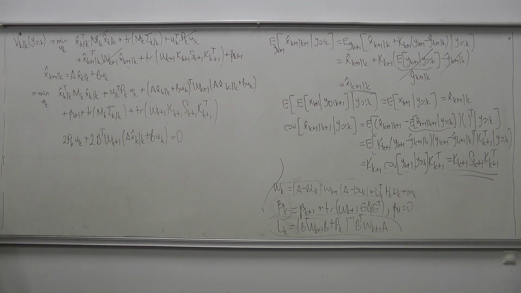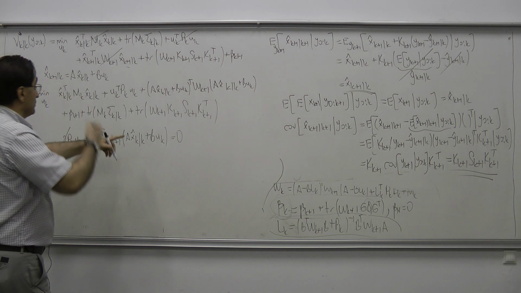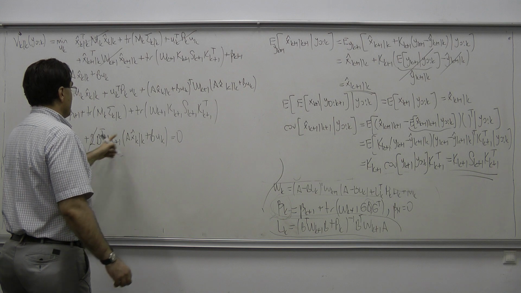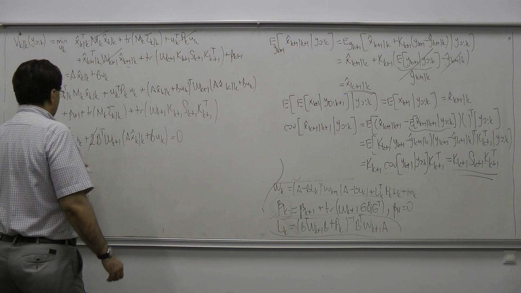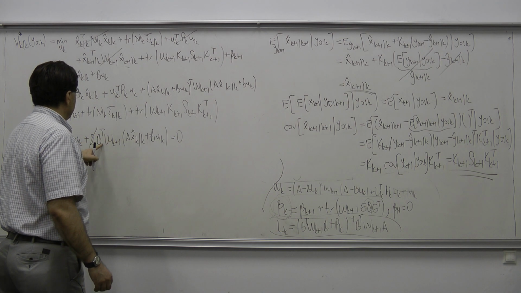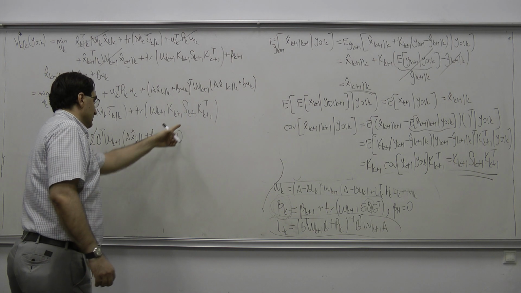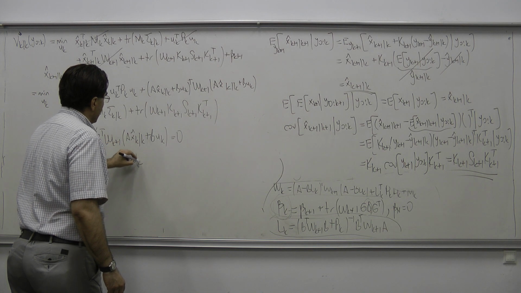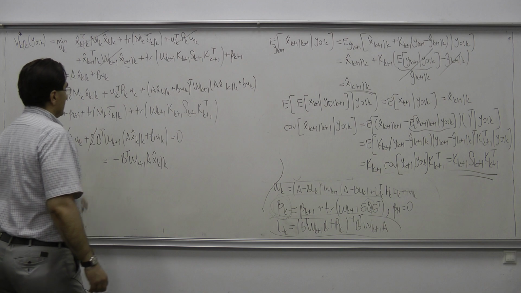Now these twos don't mean anything, and I can collect uk terms into a single matrix vector multiplication. So I would put this B transpose W k plus 1 A x at k given k to the right hand side, with a minus sign.